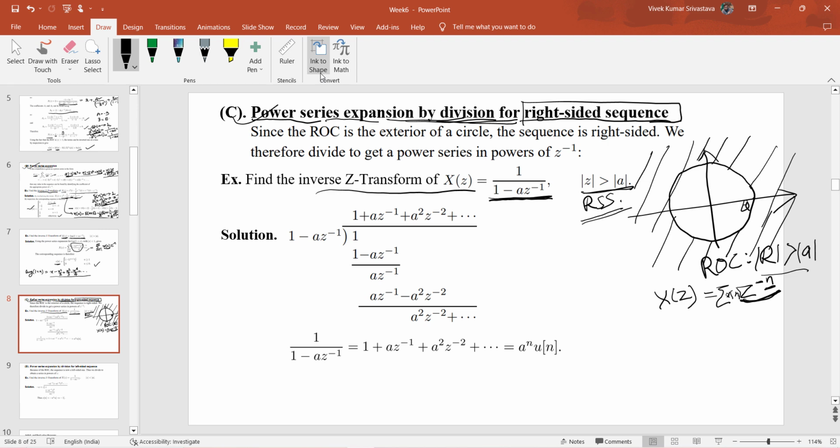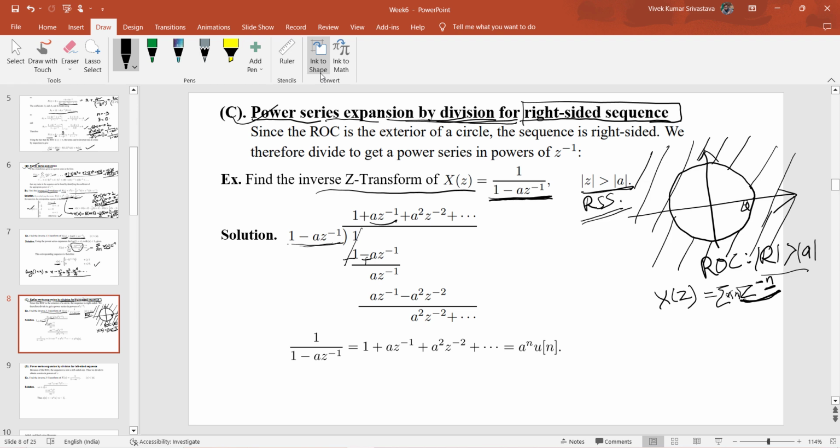So first I am multiplying this denominator by 1, so you will get 1 minus a z raised to the power minus 1. Once you take the negative, this will cancel and a z raised to the power minus 1 will remain. Now to nullify this factor, we have to multiply the divisor by a z raised to the power minus 1.